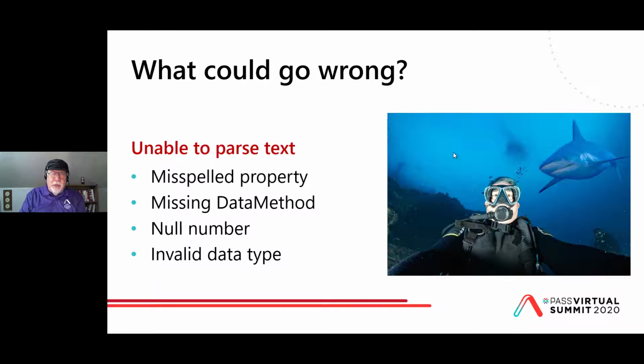So what you have to do is create what's called a nullable decimal, a nullable integer, a nullable date. Okay, and we'll show you how to do that. And finally, invalid data type. We will have a date, and it looks perfectly fine, but the problem is that JSON can't interpret it as a date.